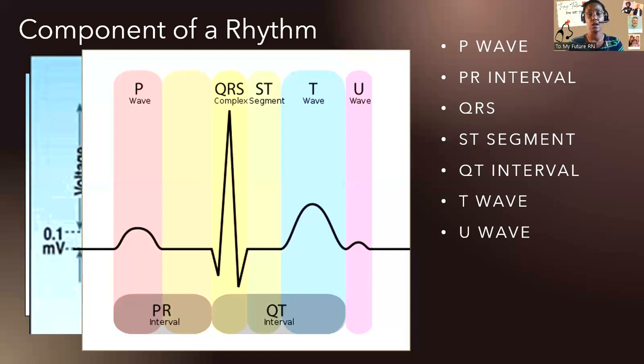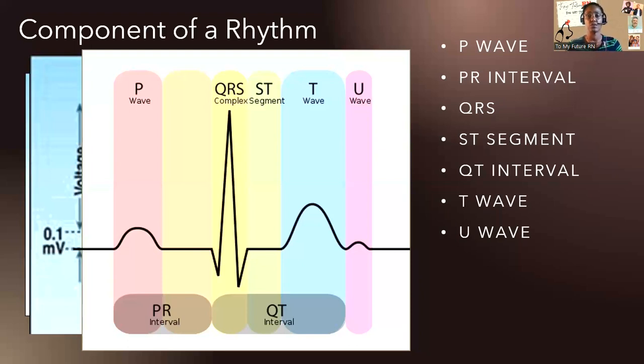So ideally, your QT interval should be half the measurement of an R to R wave. So if we had a full complex, you measure 2 R waves, which is your 2 tall peaks. A normal QT interval should be less than half of that. Long QT intervals increase your risk of detrimental events. So knowing your measurements of the components of your ECG is very important.